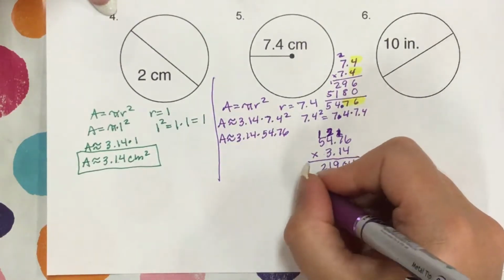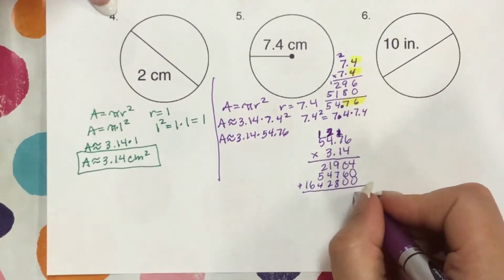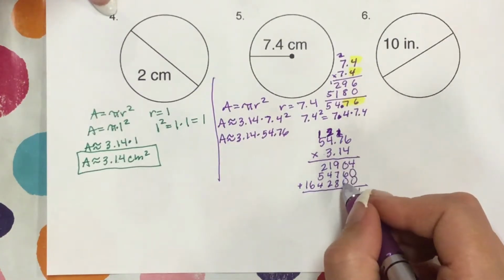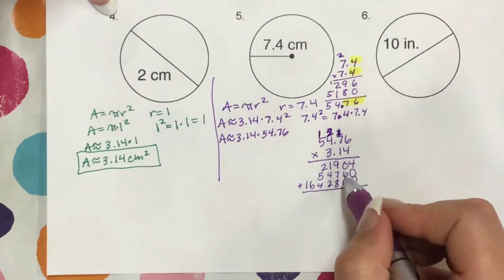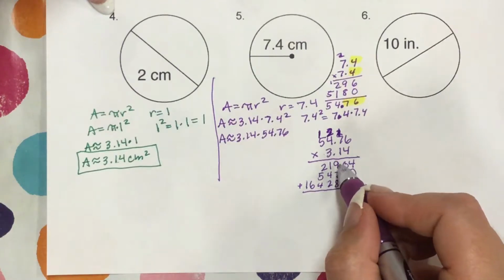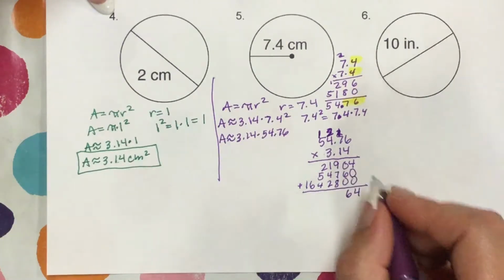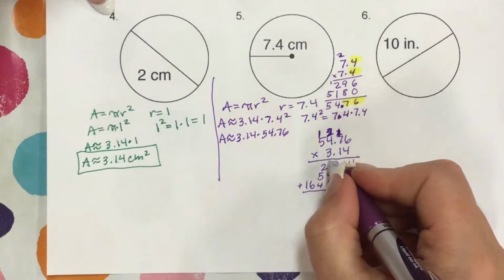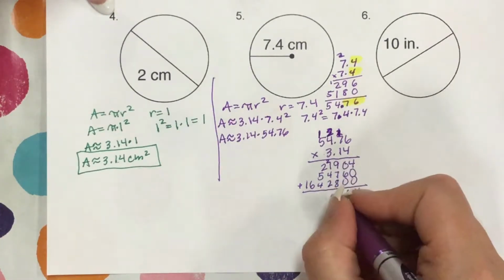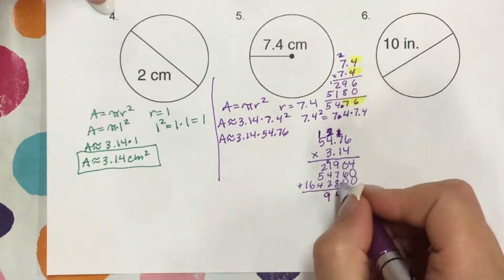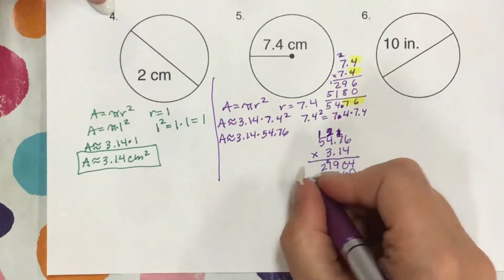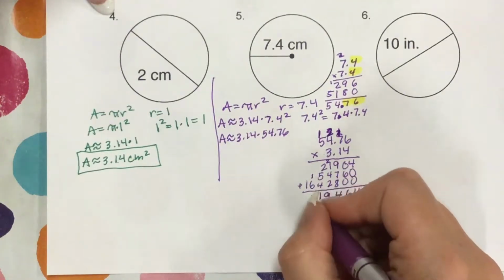And now we add. 4 plus 0 is 4. 0 plus 6 is 6. 8 plus 7 is 15, plus 9 would make it 24. Write the 4, carry a 2. 2 plus 4 is 6, plus 1 is 7, plus 2 is 9. And 4 plus 5 is 9, plus 2 is 11. Write the 1, carry the 1. 1 plus 6 is 7, and then 1.